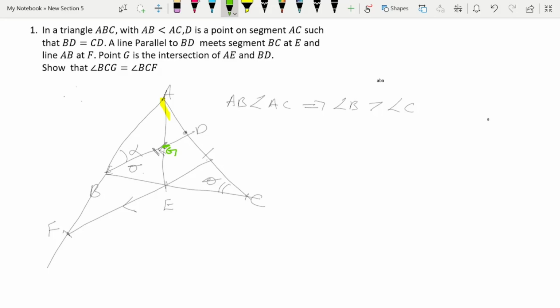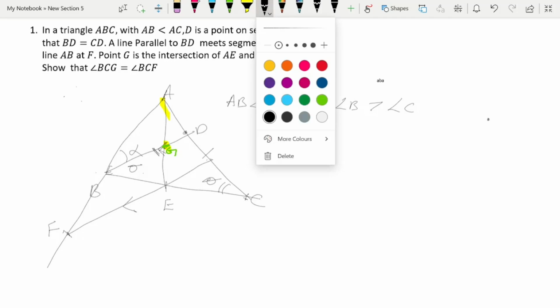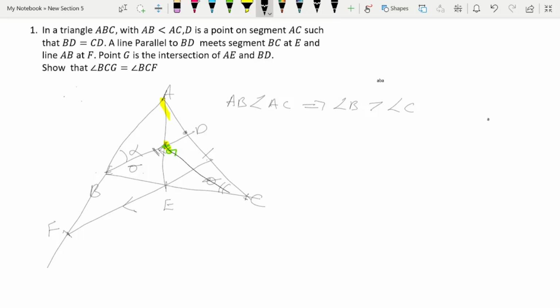They said we should show that angle BCG, if I join here to here, okay, something like this, this BCG equals BCF.